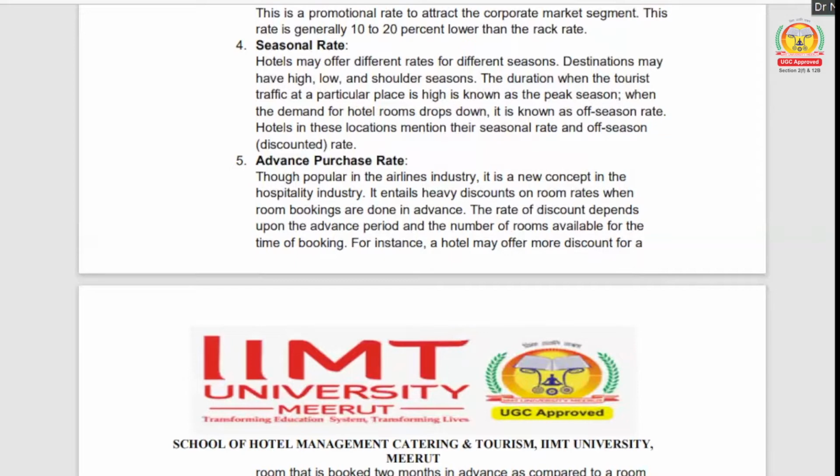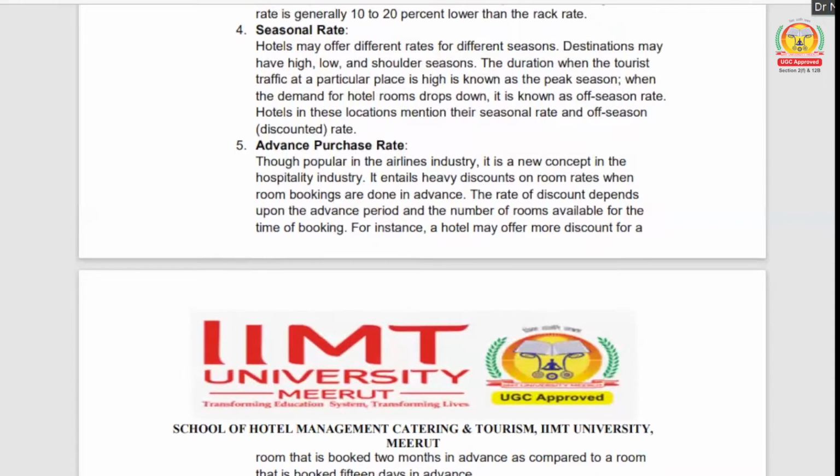Similarly, in season, when your hotel is in demand, your rates will go high and the package will go accordingly. The room will be offered accordingly. The occupancy will be increased accordingly. So the seasonal rate is all about the location of the destination, and as per the demand, the price goes high or low for the particular location.